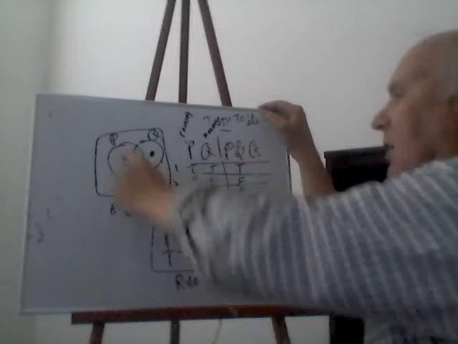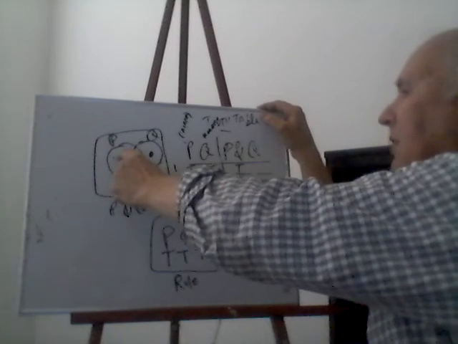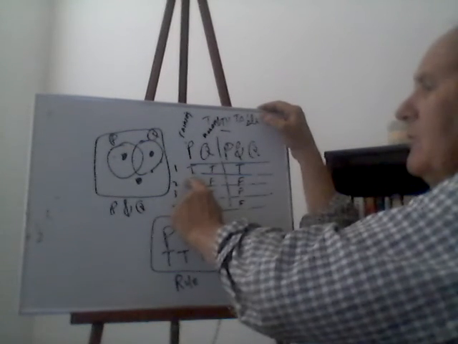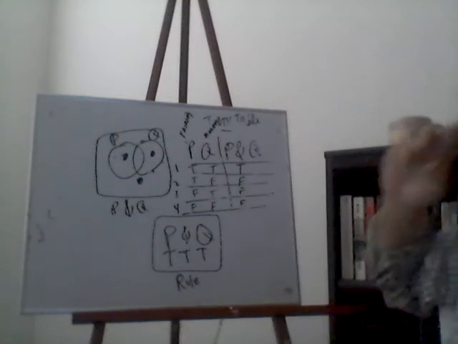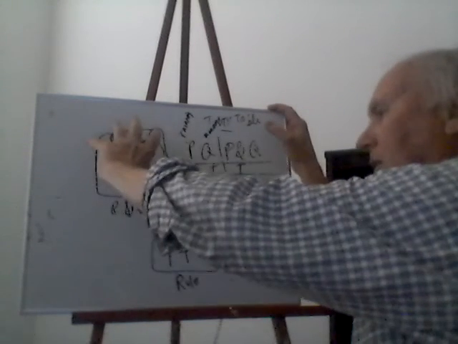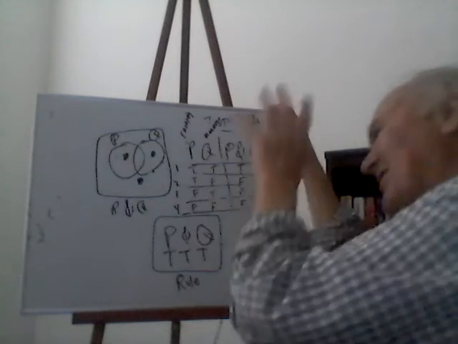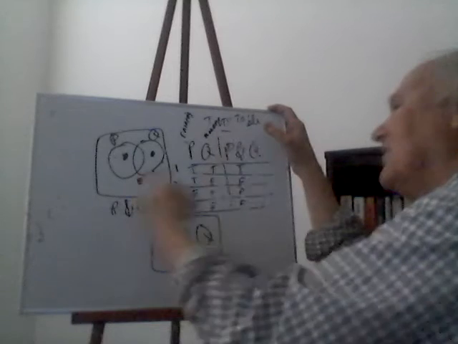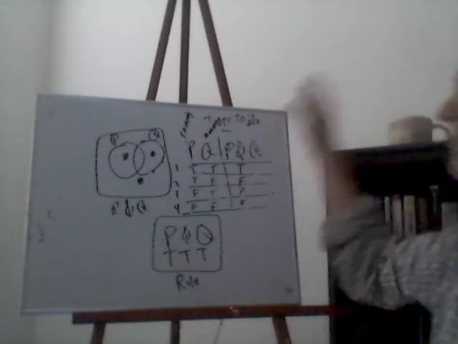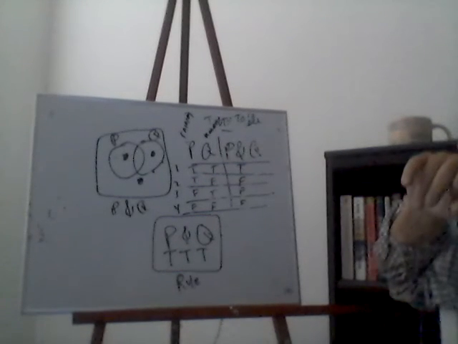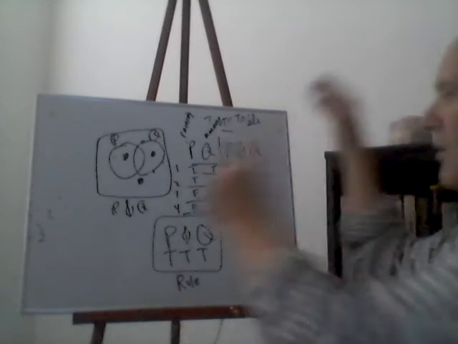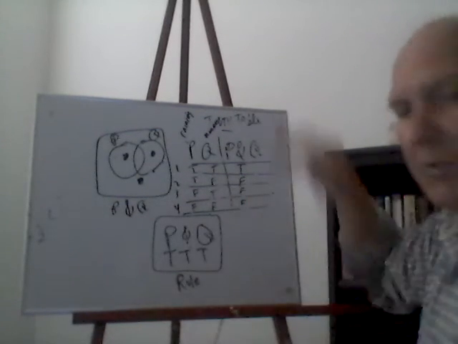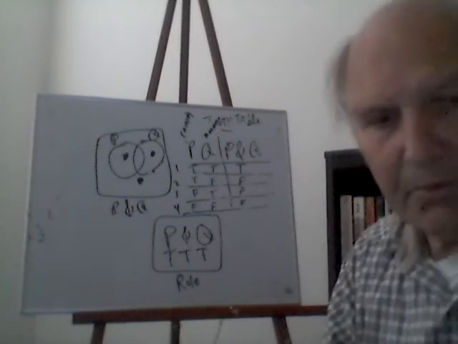P and Q is false when P is true, or that's line 2, when P is true and Q is false. The key thing is this diagram here conveys exactly the same information that this diagram conveys. And that's why it works.